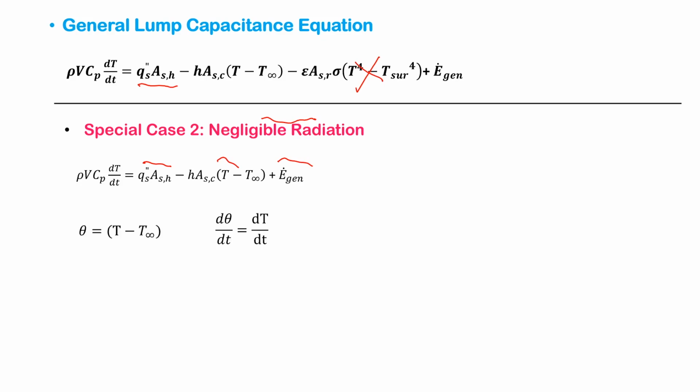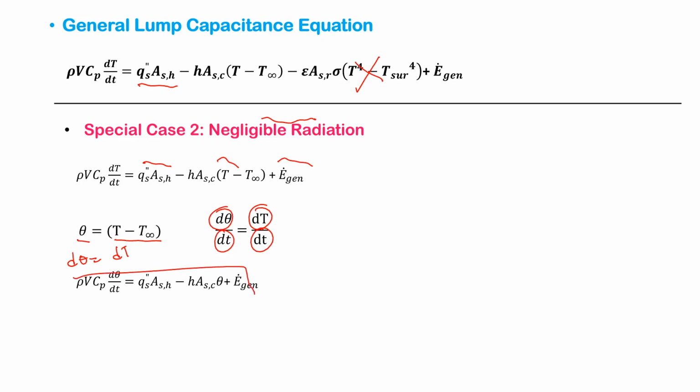So we can do the same trick we did in the original analysis, and we introduce a variable theta, which is T minus T infinity. So d theta is equal to dT, so that means d theta by dt is equal to dT by dt. Then with this analysis, we have this simplification.